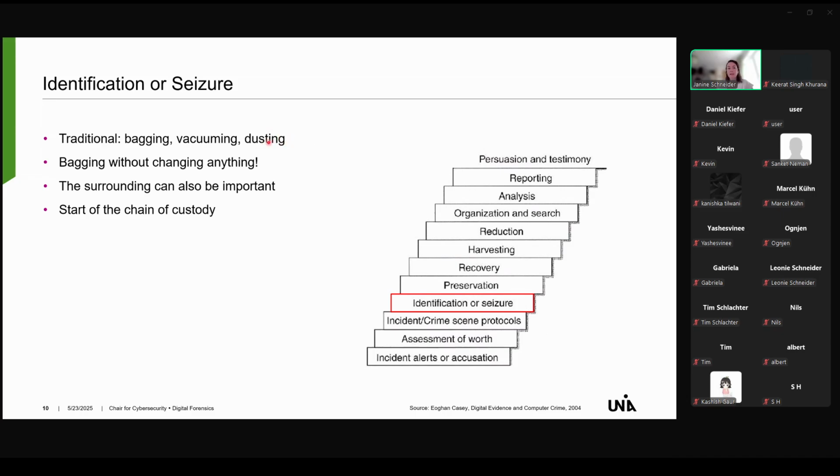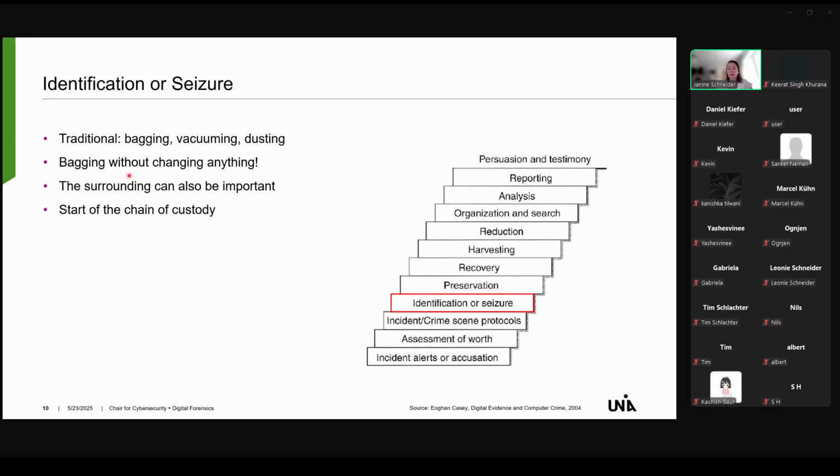So that's dusting. Vacuuming, we talked about that. That's for securing microscopic traces, and bagging is like you put the evidence inside an evidence bag.